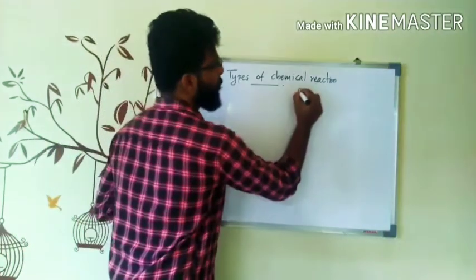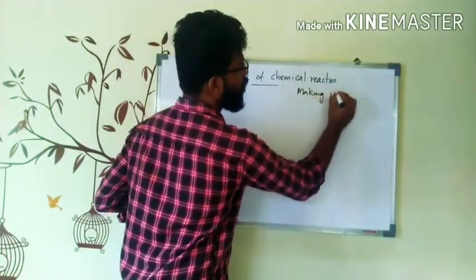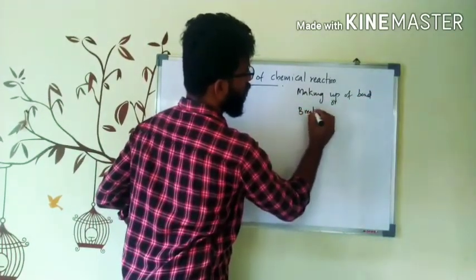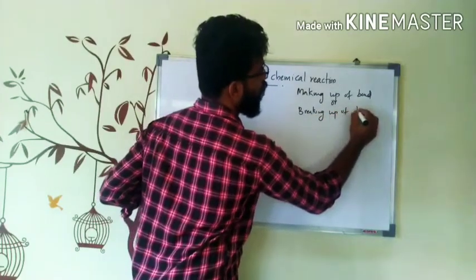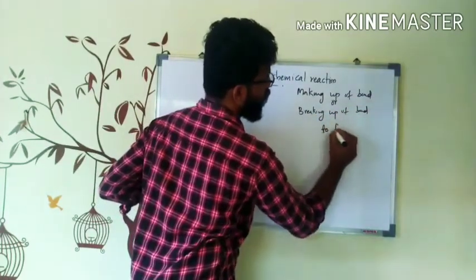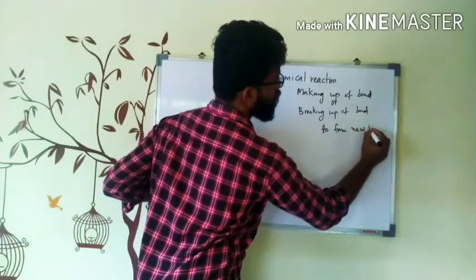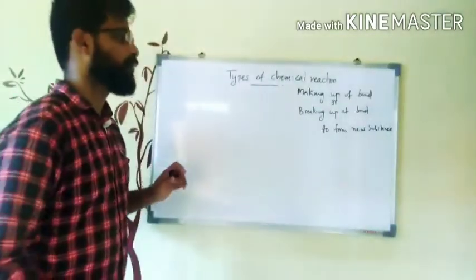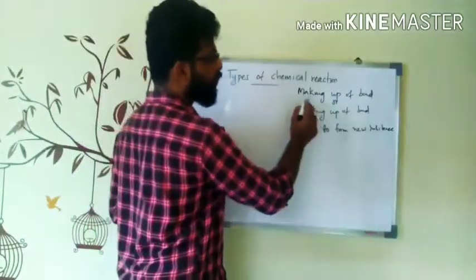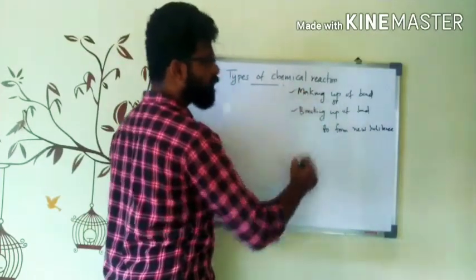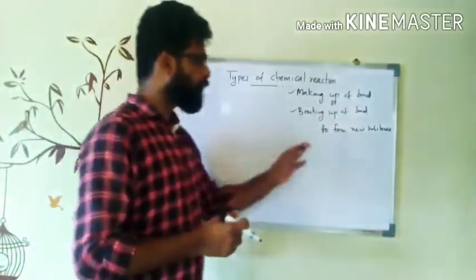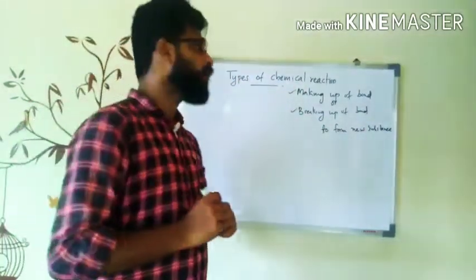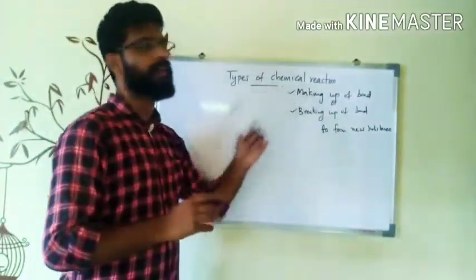Once again, making or breaking of bonds between atoms to form a new substance is called a chemical reaction. So now we are going to discuss types of chemical reaction.